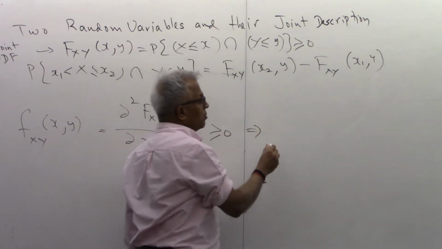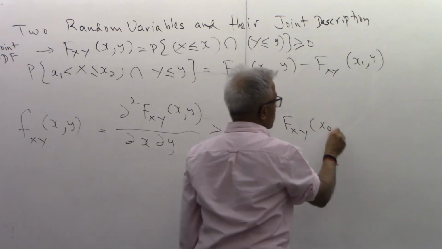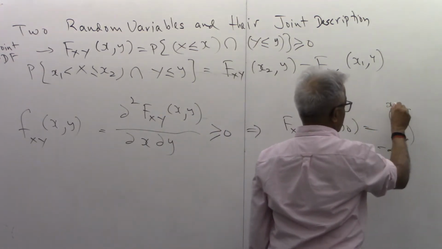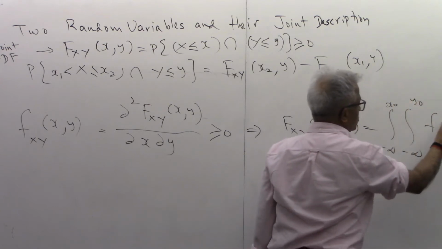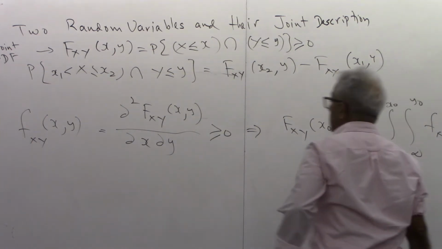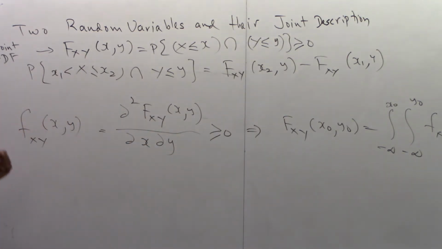And going the other way, we can write capital F_XY(x naught, y naught) to be the integral. From here you can get the density function or the distribution.